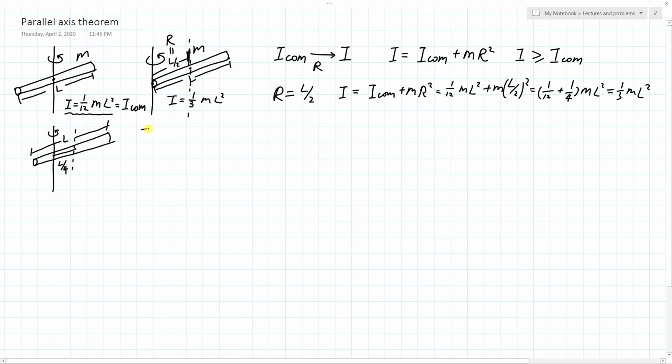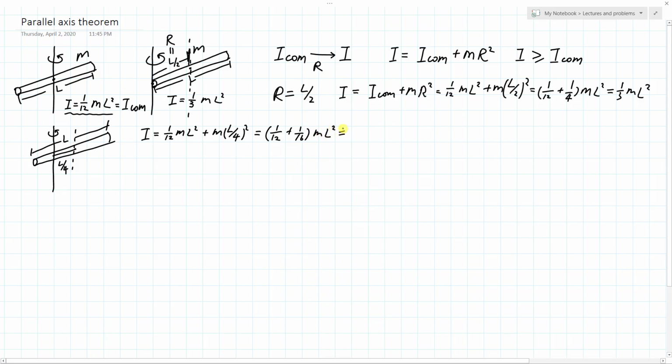We have I equals the rotational inertia about the center of mass, 1/12, the smallest possible rotational inertia value, plus m times the parallel shift, L/4, squared. So we have 1/12 plus L/4 squared, which is 1/16 of ML squared.